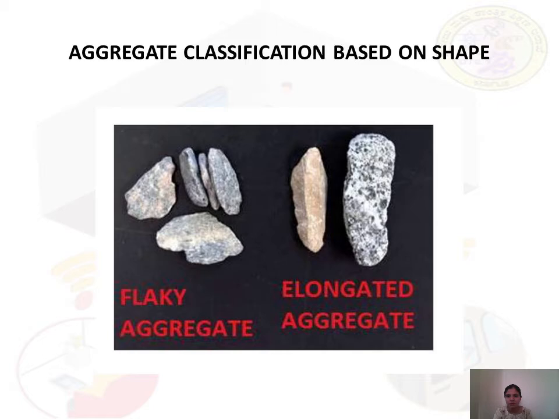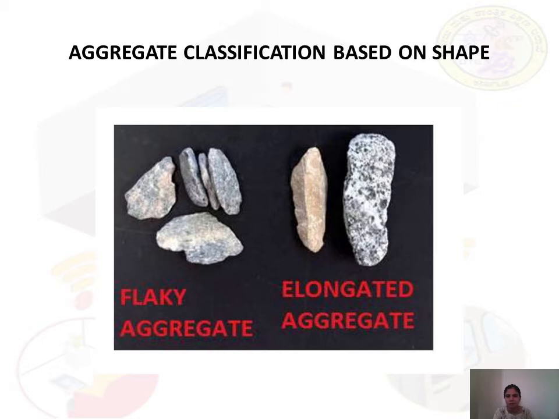Next we'll move on to the next type, that is elongated particles. The length of the elongated aggregates is 1.8 times the mean dimension. They are elongated, lengthier when compared to flaky.